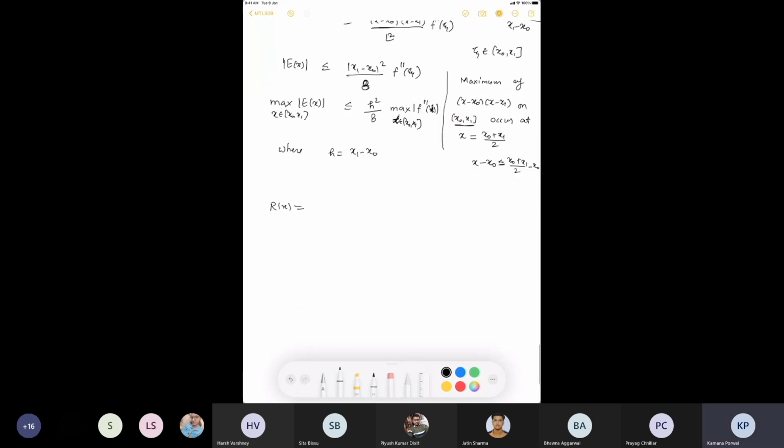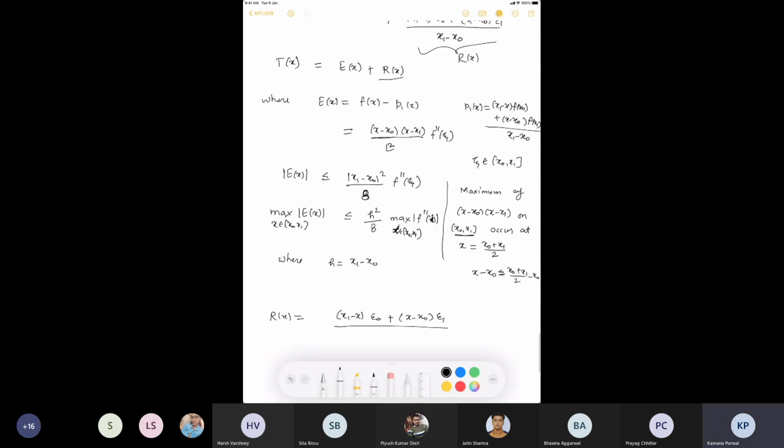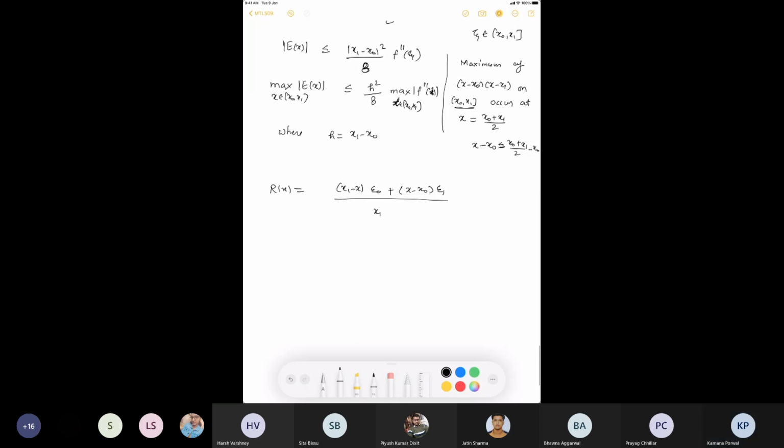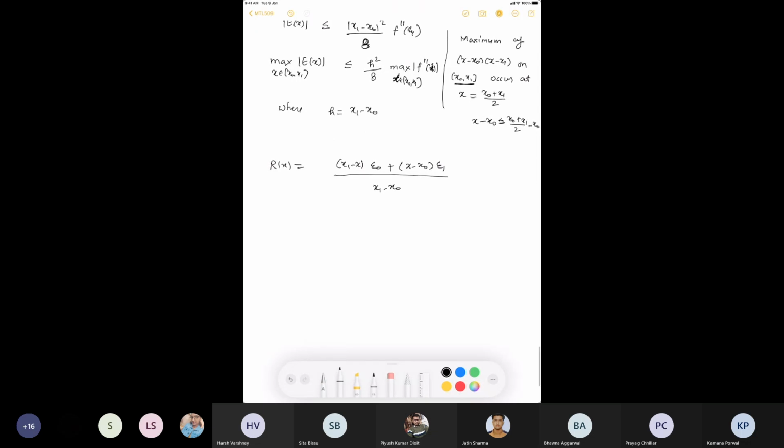Rx is (x1 minus x) times epsilon naught plus (x minus x naught) times epsilon 1 divided by x1 minus x naught. Now what will happen to the maximum of this function? First of all, if I try to plot this function, how will it look?